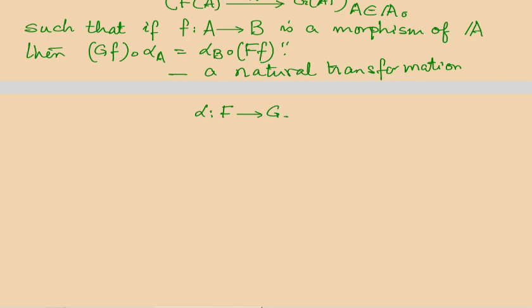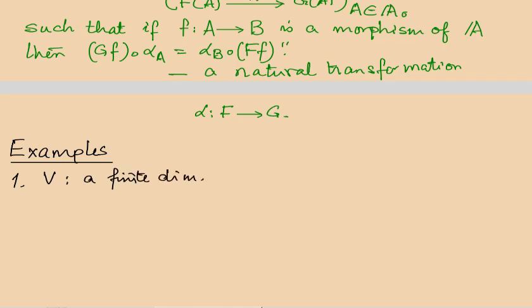Let's first give some examples of a natural transformation. Let's take the most classical one. Suppose V is a finite dimensional real vector space.